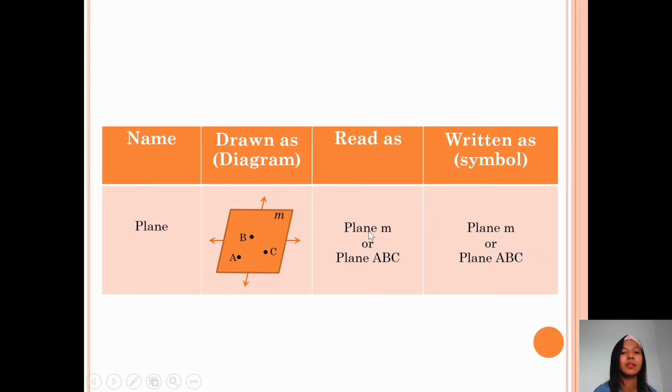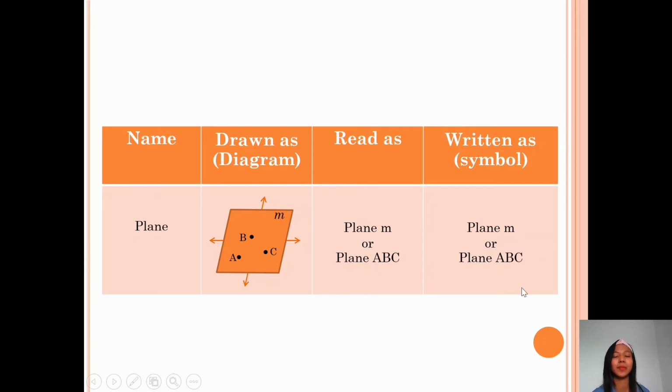So it's either plane M or plane ABC. When you write it, it's the same as how you read it. Just write the word plane and then the letter M, only one letter. And if you want to write it with the non-collinear points, just write the word plane and then ABC. Just take note of this.